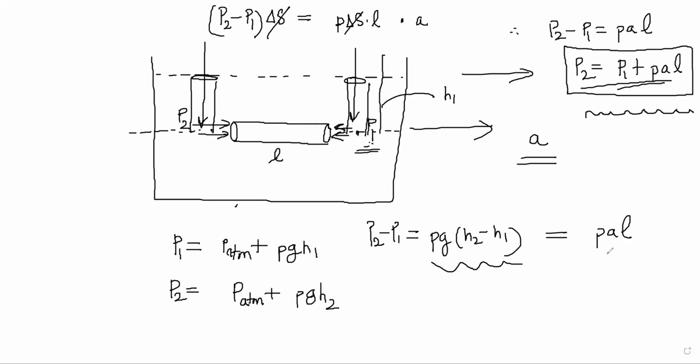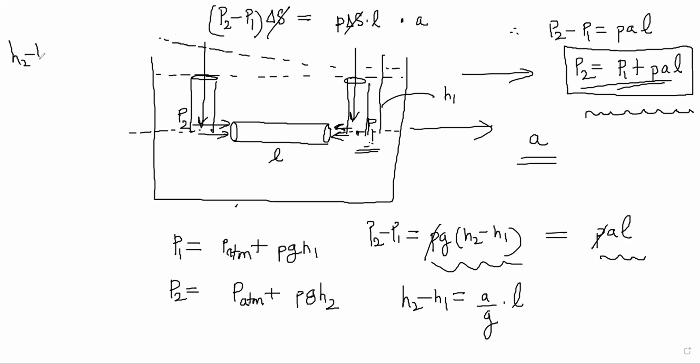So since both these things are equal, what we get is H2 minus H1 is equal to rho, which will get cancelled, A by G into L, right? So basically that tells us that in this case, H2 is higher than H1, right? The fluid column will be like this. H2 must be higher than H1. And also we know (H2 minus H1) by L is equal to A by G, right?